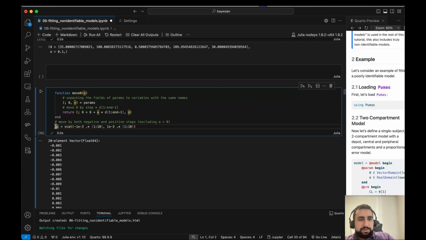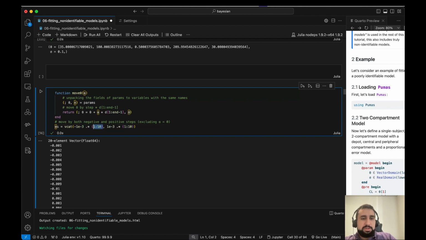Now next, I'm defining a whole bunch of step sizes alpha from minus epsilon to plus epsilon. So epsilon here is 10 to the power of minus 3. Well, actually that's not epsilon, but epsilon is 10 times that.